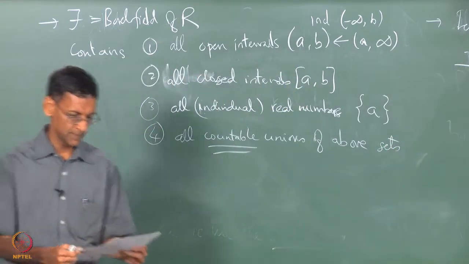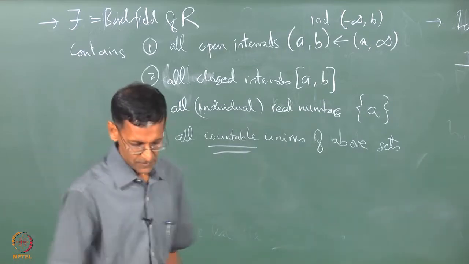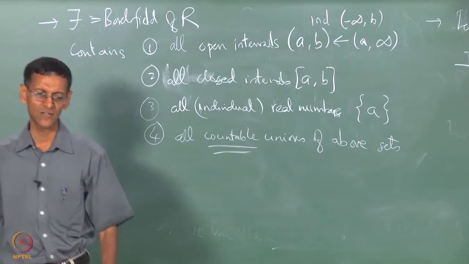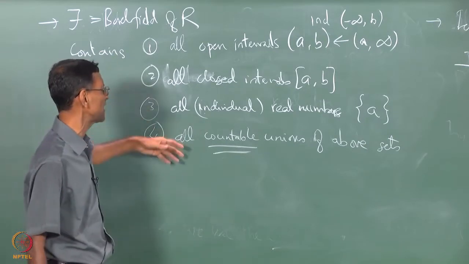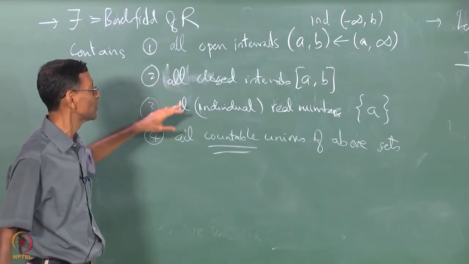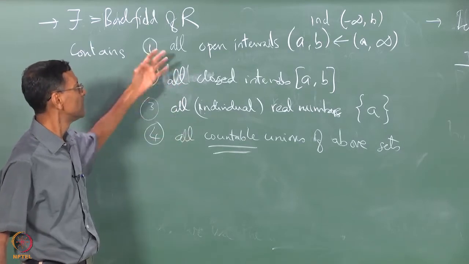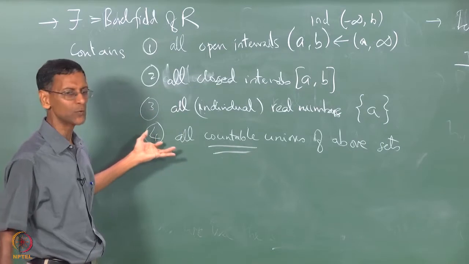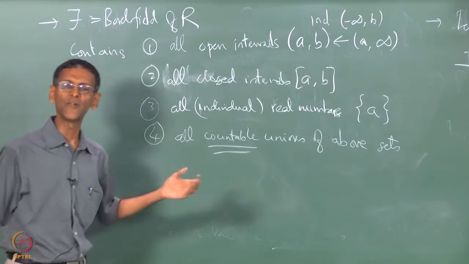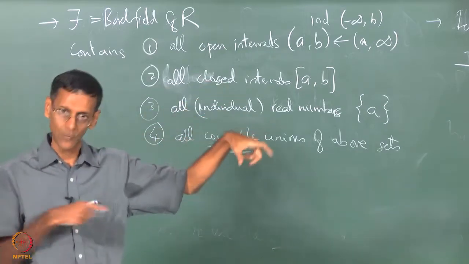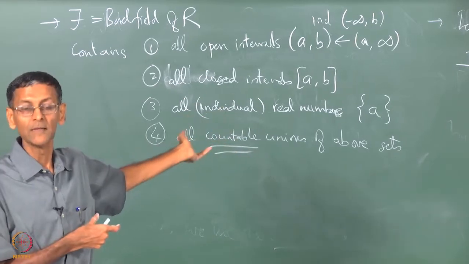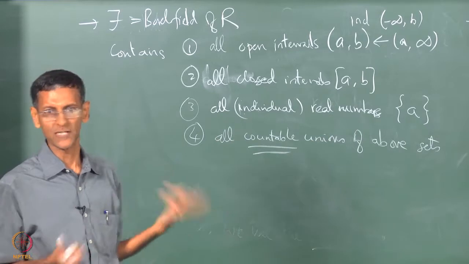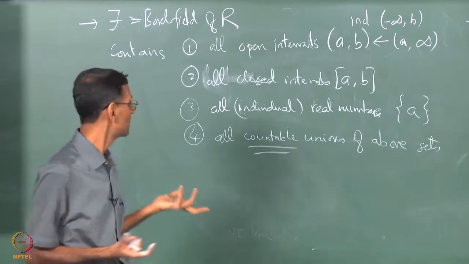So I'm not claiming that this is completely exhaustive. I think it's mostly anything that we want, any interval that we want, or a union of intervals, should fall into one of these categories, right? If you have, for example, AB union CD, that will be perfectly valid. A union of two disjoint or even overlapping intervals, it does not matter, right.